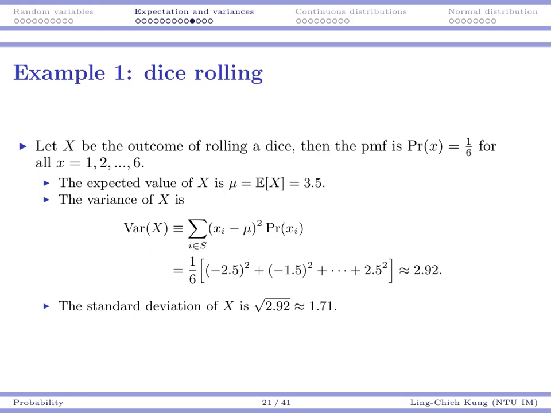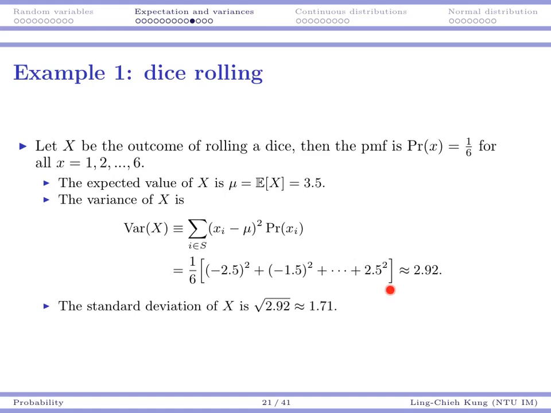I'm going to take each value and find the difference between that value and mu and square it, and do a weighted average. So the first value is 1. 1 minus 3.5 is minus 2.5 and I square it. And then the second value is 2. 2 minus 3.5 is negative 1.5 and I square it. And so on and so on.